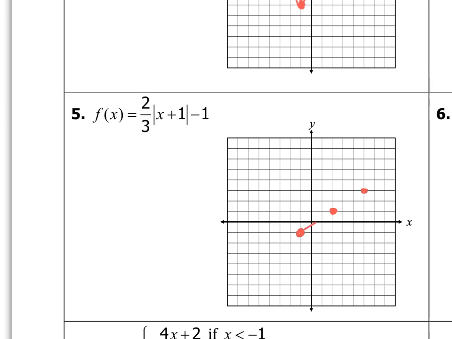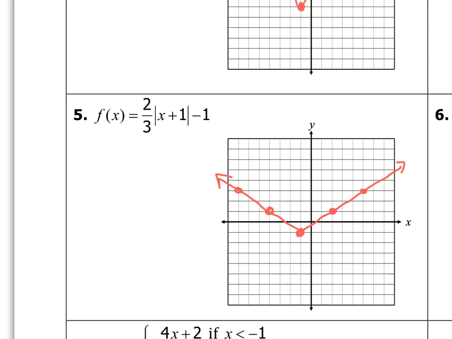And so this guy would go out this way. I did not do my other side. Up 2 and then left 3. Up 2 and then left 3. So it goes out like this, and it's a little bit wider than our normal parent function or whatever.